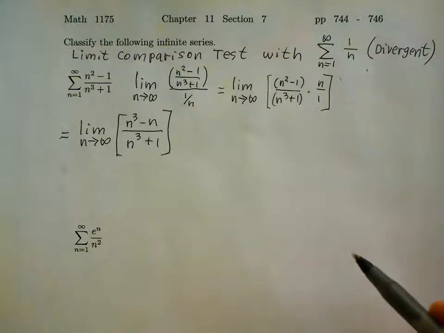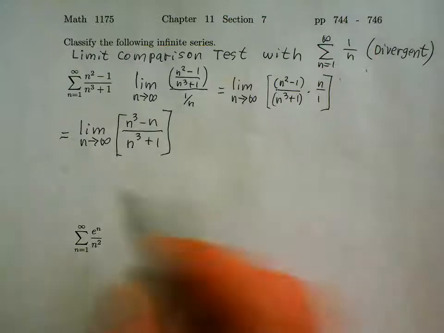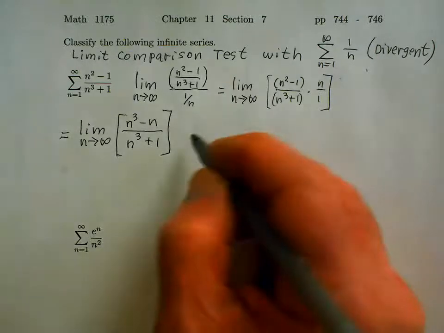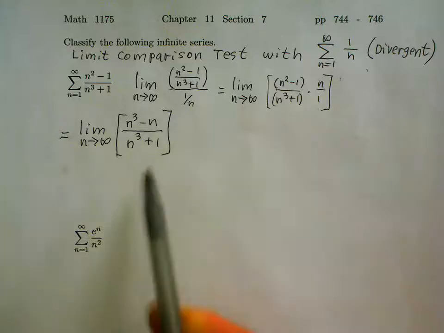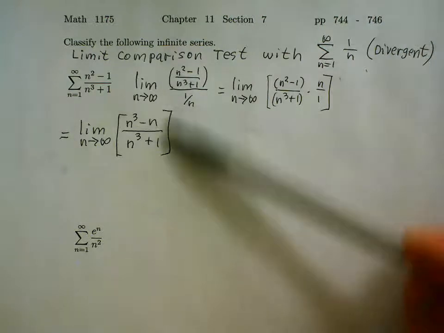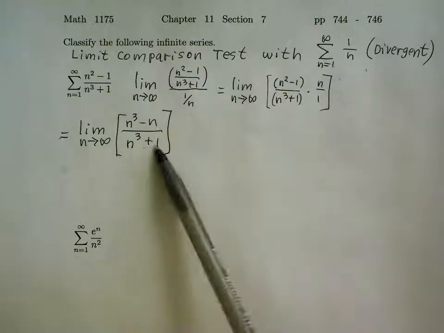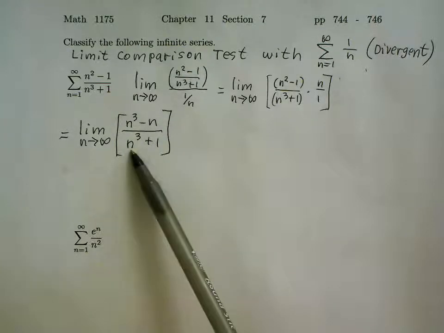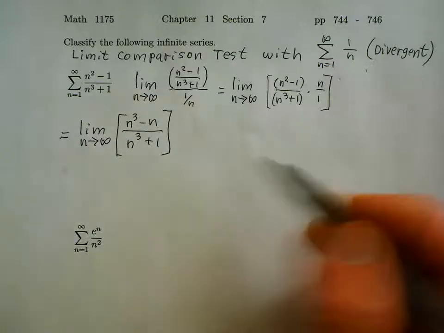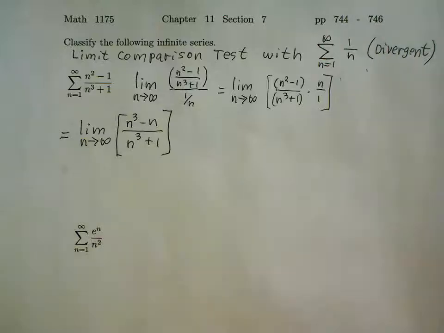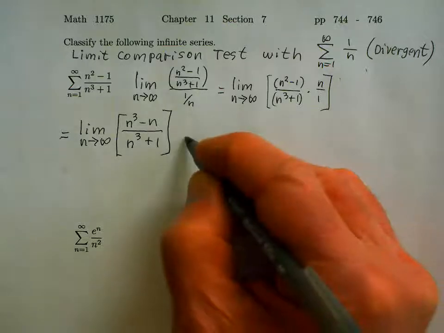So with practice, you'll know immediately what that limit is. But if it's not obvious, let's go through the procedure. This is a rational expression. The term with the largest exponent in the denominator is n to the third. So we'll multiply that rational expression by 1 in the form 1 over n to the third over 1 over n to the third. And then after that, compute the limit.